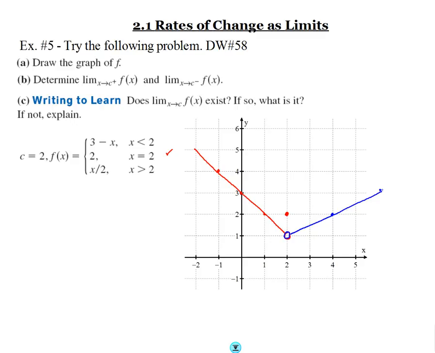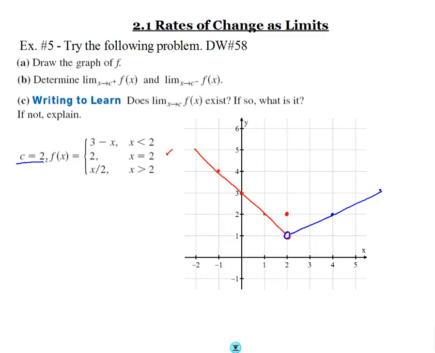Alright, so there's part A. I drew my graph. Next it's asking me to determine my limit from the left and right of c, but what is c? Well, c is over here at x equals 2. So I want to determine my limit as x approaches 2 from the left and 2 from the right.